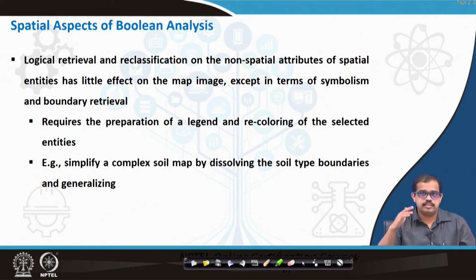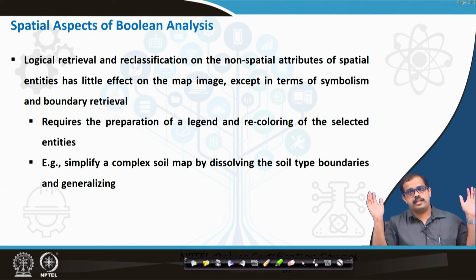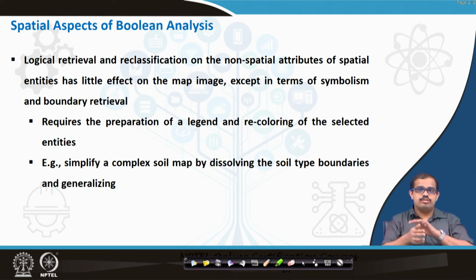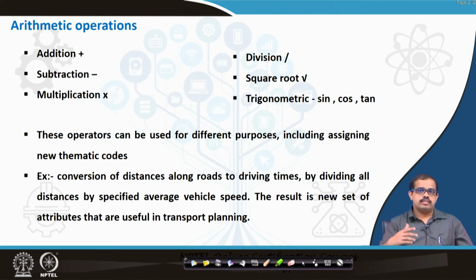For example, if there is a map representing soil type boundaries, and you are trying to do this logical retrieval and reclassification so that you do not need so many types of soils and get a broader version, then the Boolean analysis can be used for retrieval of whatever query you have. That is what I am trying to say in this particular slide.